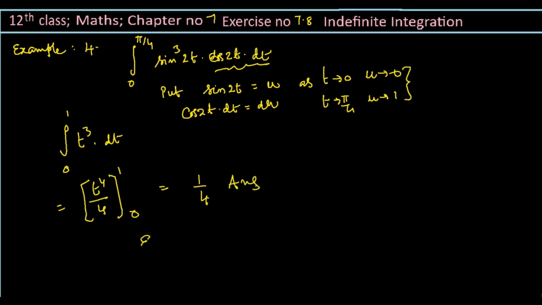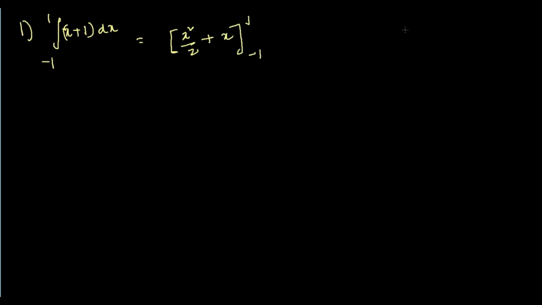Now we will do exercise 7.8. It says integrate x plus 1 times dx, and what about limits? Minus 1 to 1. So this can be written as x plus 1, x squared by 2 plus, if you integrate 1, you get only x, from minus 1 to 1.